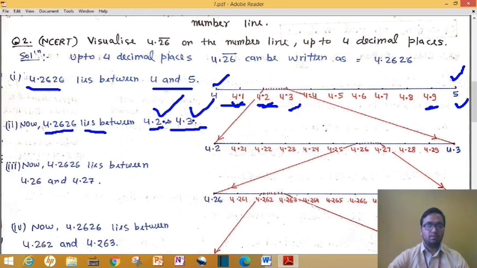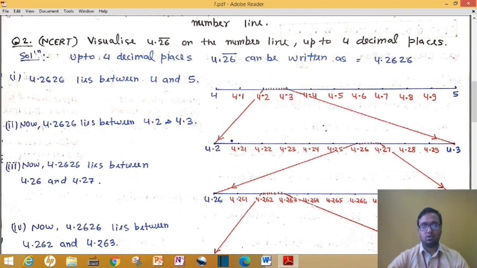This 26 will definitely lie between 20 and 30. So we have first this number 4.2 and here we have 4.3. Their magnified view is given here, like 4.2 will be written at this corner and 4.3 is written at the last corner of the number line. Then again we will think this is 20 and this is 30.